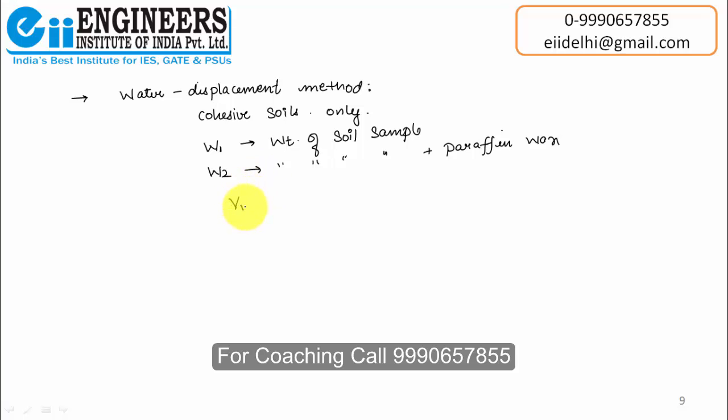So the volume of displaced water is equal to VW, the volume of displaced water. From this we can find the actual volume of our soil by the formula given below.